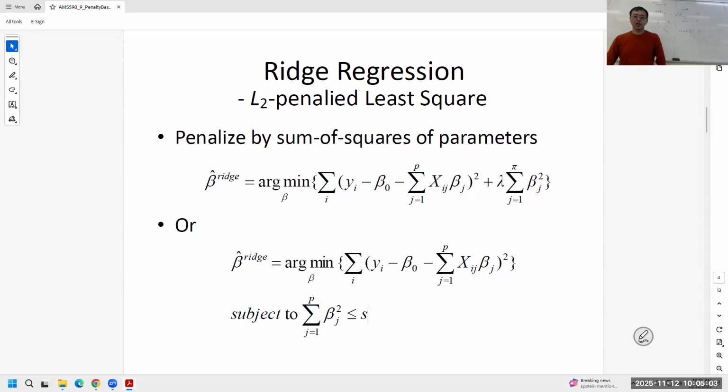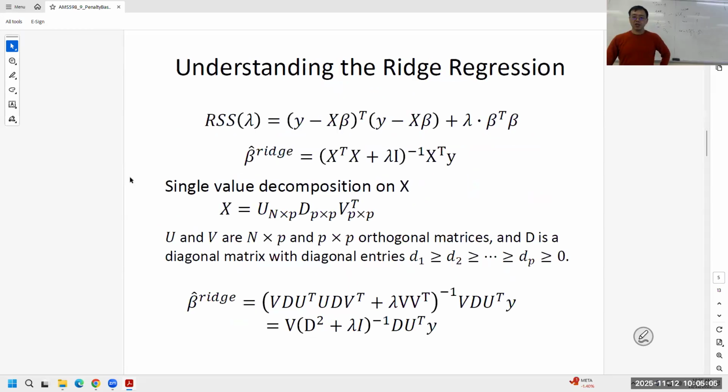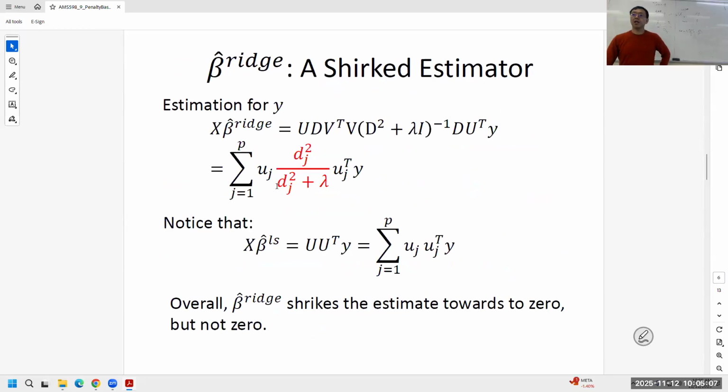So that's the shrinkage. This is the intuition, but this is the mathematical derivation where we see the shrinkage effect from the math formula. Okay, so this is shrinkage. Question? Is this clear?